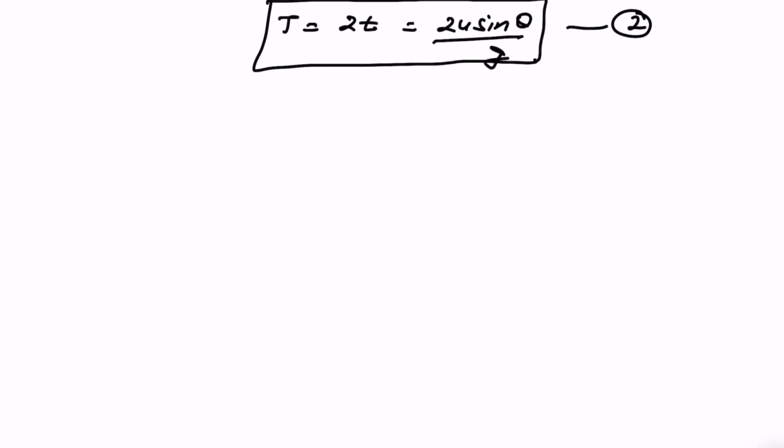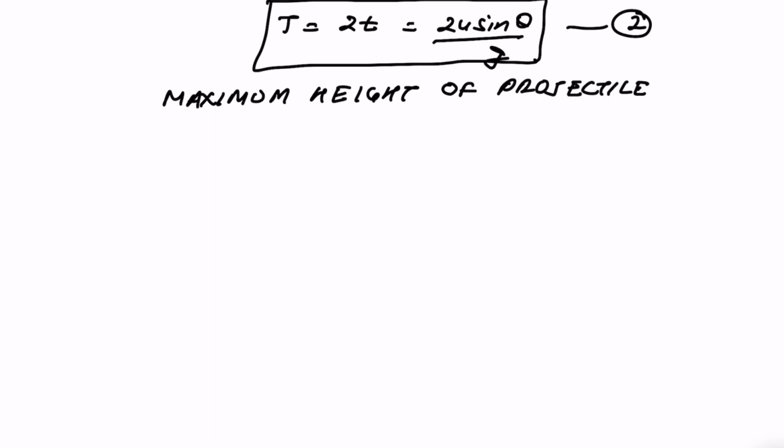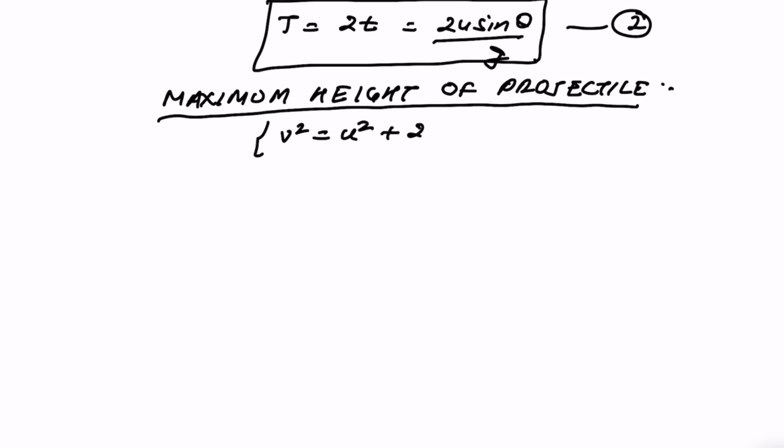The second derivation is for the maximum height. We want to derive the formula for the maximum height of the projectile. In this case also, we are going to consider the vertical motion, but since we have to find the distance, we will use the third equation of motion. You know that the third equation of motion is v square is equal to u square plus 2as.